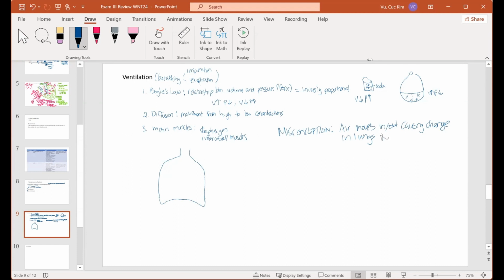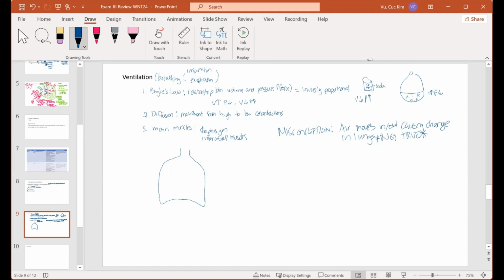But that is not true. It's actually the reverse. So for inspiration to occur, first the space has to change. The thoracic cavity has to change, and then that's what drives the air to move out or in.